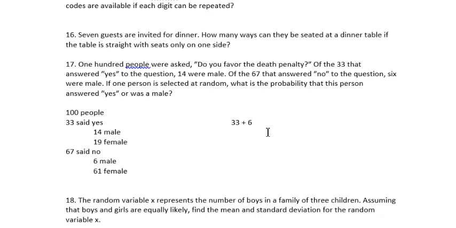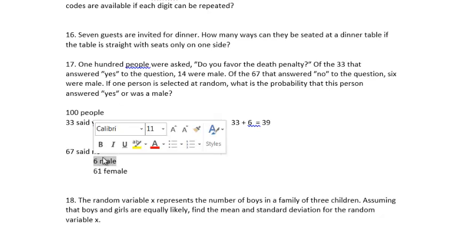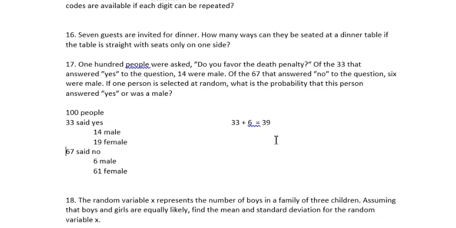And so 33 plus 6 is 39. In other words, you have 39 total people that would qualify for either they're male, or they said yes. Now there are a total of 100, so the probability would be 39 over 100. Or if you're putting in decimal points, it would be 0.39.